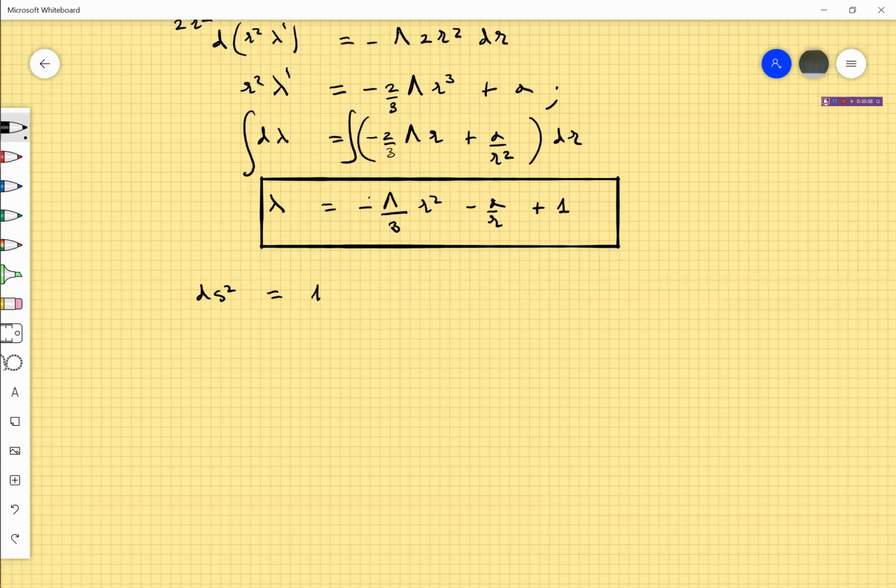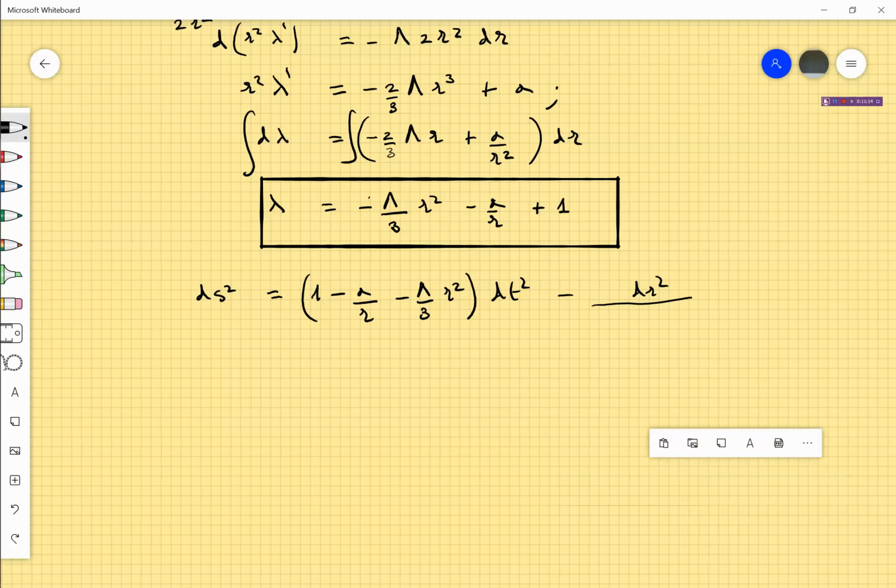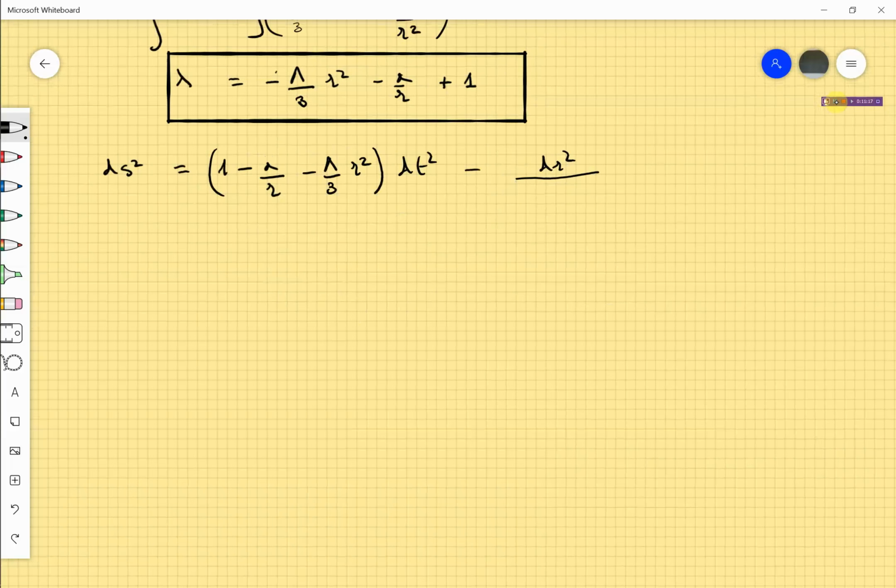First is lambda, which is minus a divided by r minus capital Lambda divided by 3 r squared, t squared minus the r squared divided by this same expression minus r squared the omega squared.